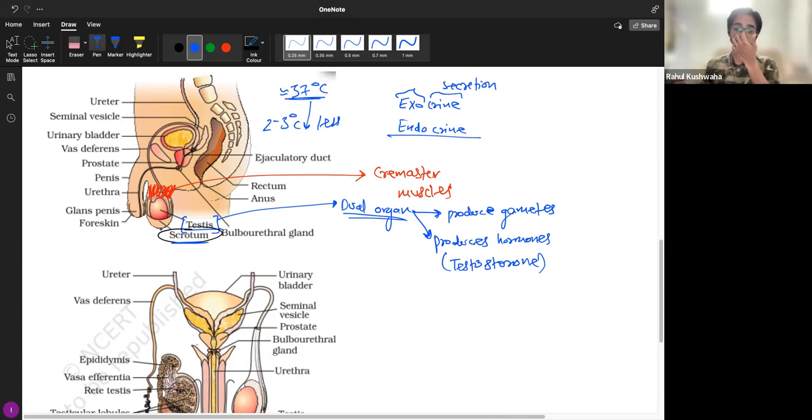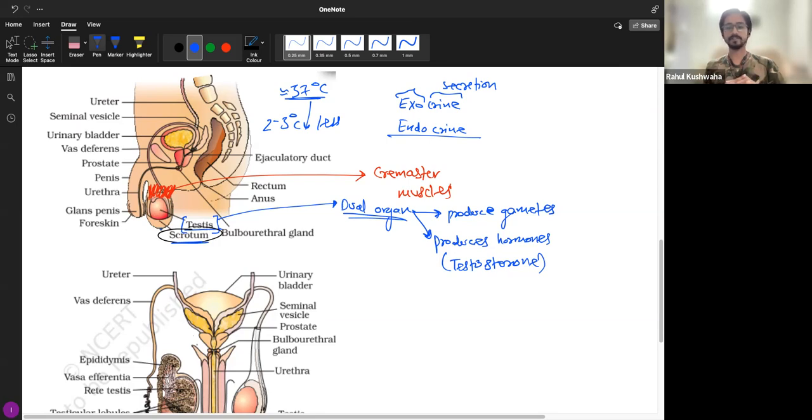Now there is a disorder in which these testes cannot descend down at birth. Sometimes it takes a few days. Sometimes male babies are born, it's very rare, with just the scrotum but no testes in it, and within a few days the testes descend down.